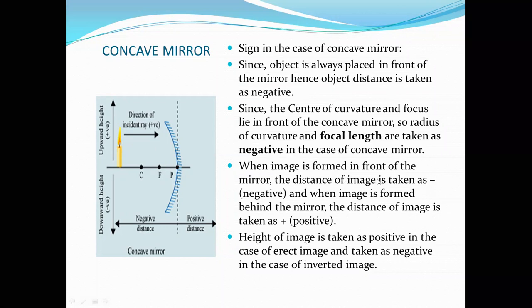When the image is formed in front of the mirror, the image distance is also taken as negative. When the image is formed behind the mirror, then the image distance is taken as positive. So anything which is at the back side of the mirror is taken as positive, and everything in front of the mirror is taken as negative.